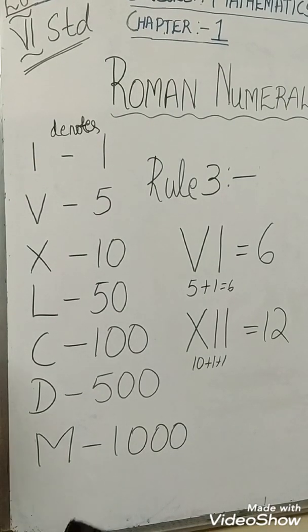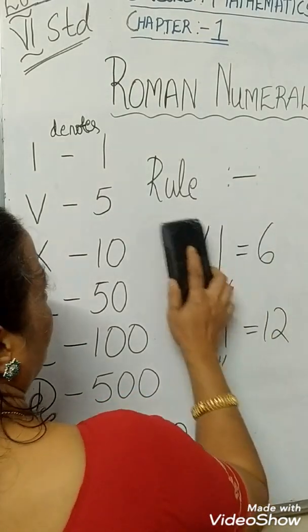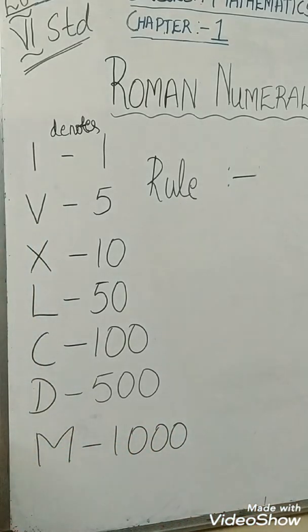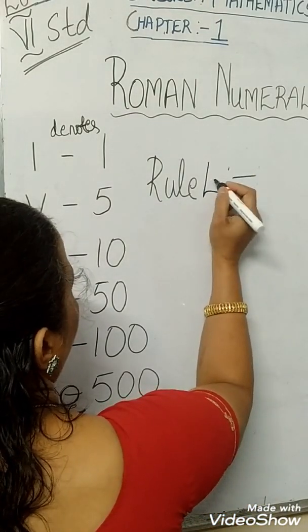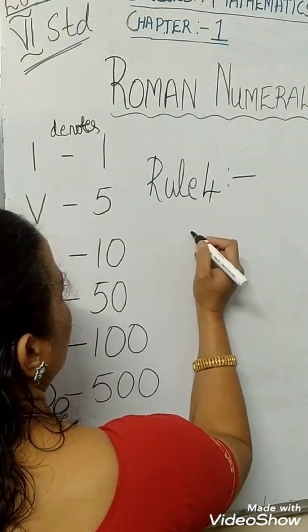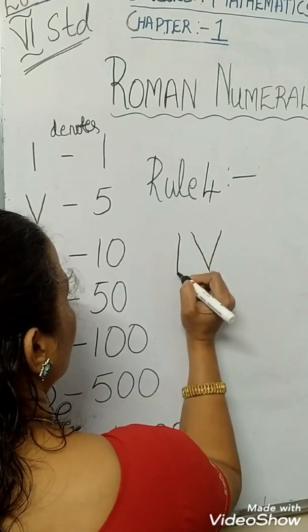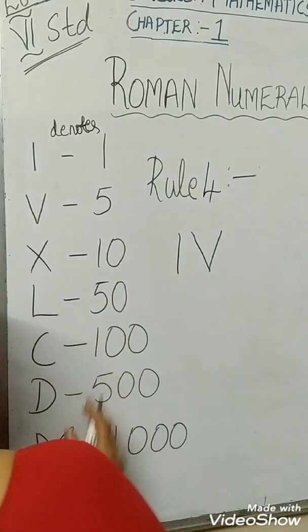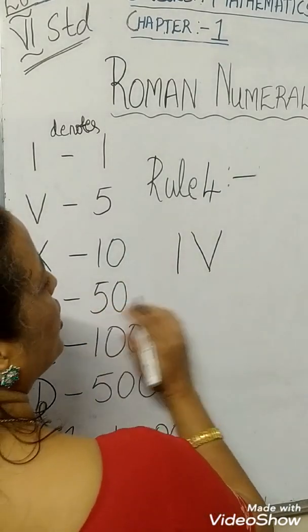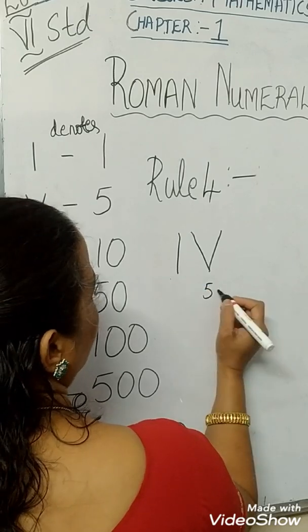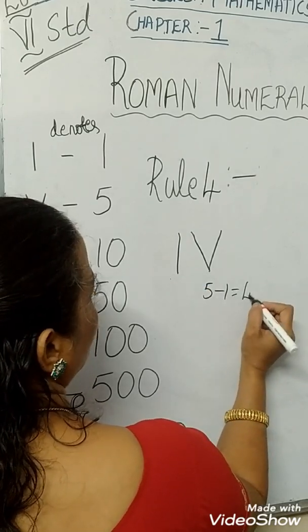Let us go for rule number 4. Rule number 4 tells that if a symbol of smaller value is written to the left of a symbol of greater value, suppose this is V and a smaller value I is written to the left of it, then it is subtracted. Here the greater value is 5, and 1 is subtracted, so the value is 4.